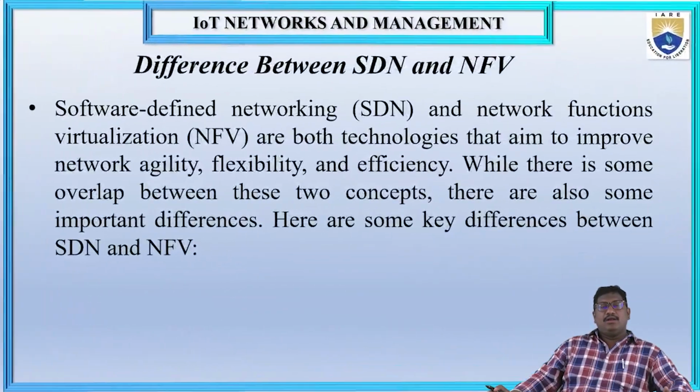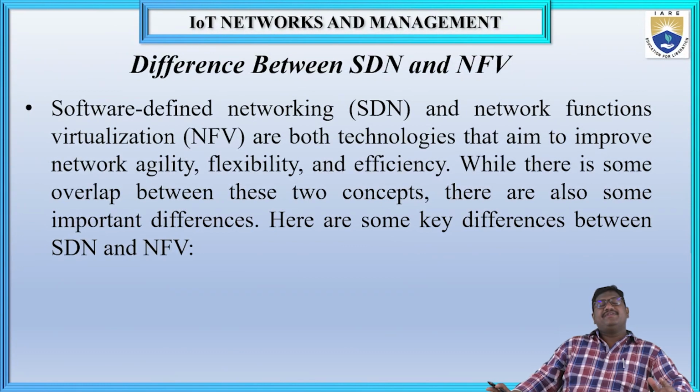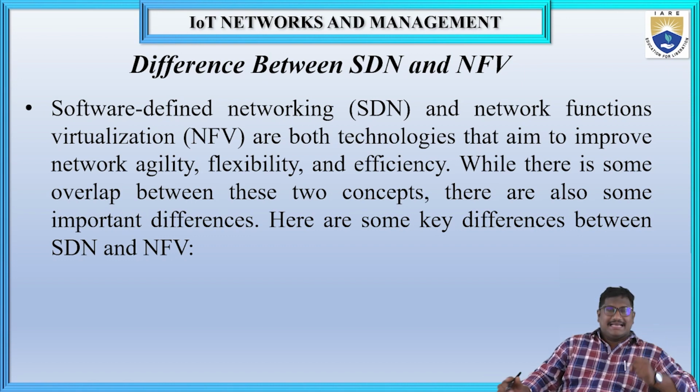Now we'll have a look at how the differences between SDN and NFV are. SDNs, software defined networks, I already told you. NFVs, network function virtualization. These are the technologies which are aiming to improve the network agility.